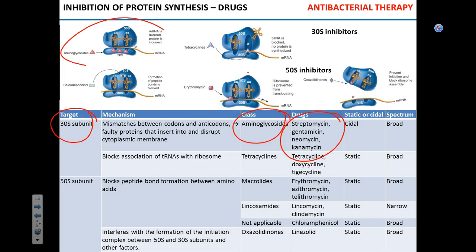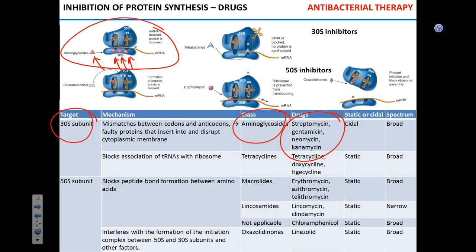You can see it in the upper left corner, the pink triangles, they bind to the 30S ribosome and disrupt the structure of the elongation complex.